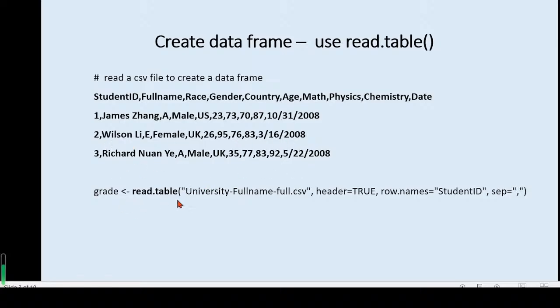Then we can use read.table on this file with header TRUE, because we want the first row to be the variable names in the data frame. We also set row names to be the student ID, the first column, and use sep comma as the separator.